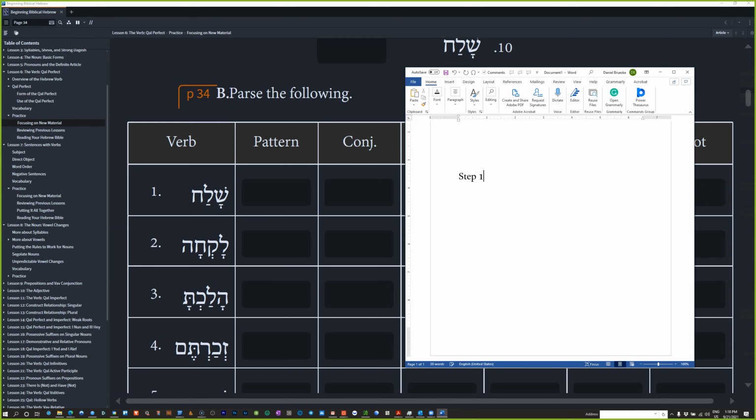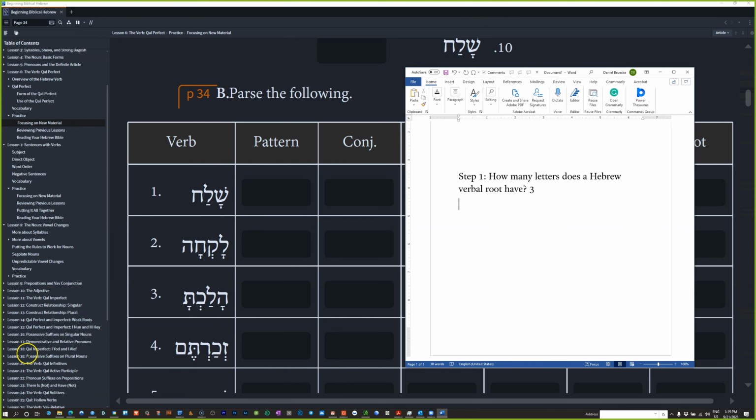Question one, or step one. How many letters does a Hebrew verbal root have? For the most part, the answer to that is going to be 3. We'll learn about some verbs later on that might seem to have only 2 letters, but technically those have a vowel letter.